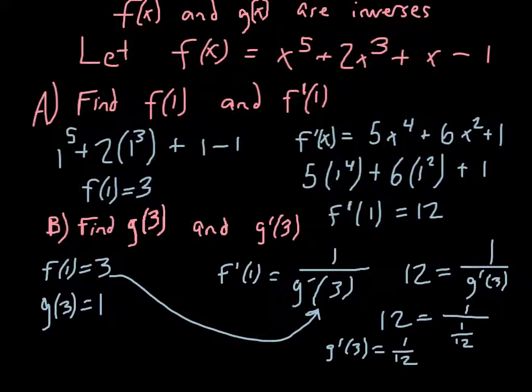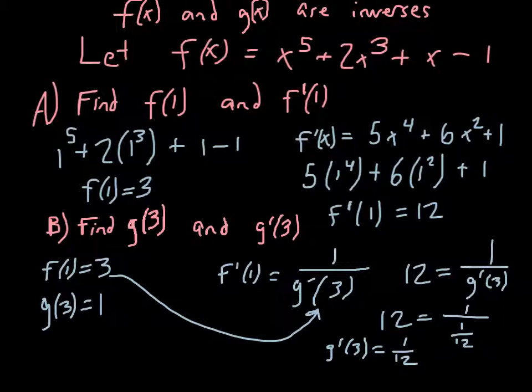So now the second part to part b is, what is g prime of 3? If we go back to the equation on the previous slide, which is f prime of 1 is equal to 1 over g prime of 3, we can leave g prime in here and just put in f prime of 1, which is 12.